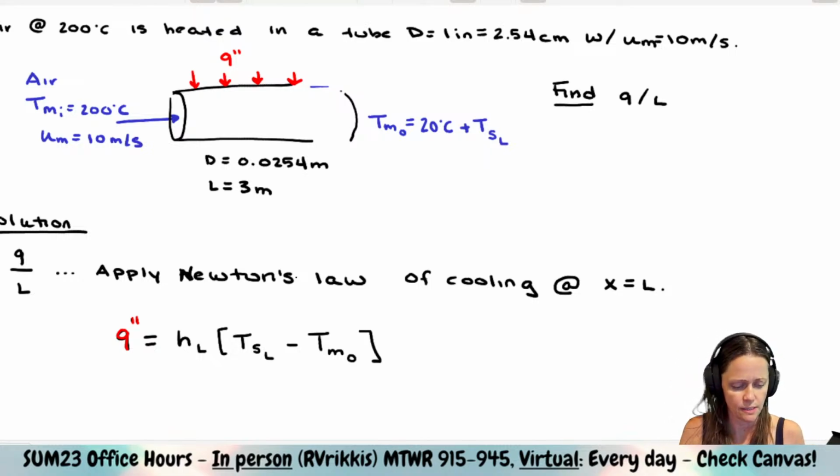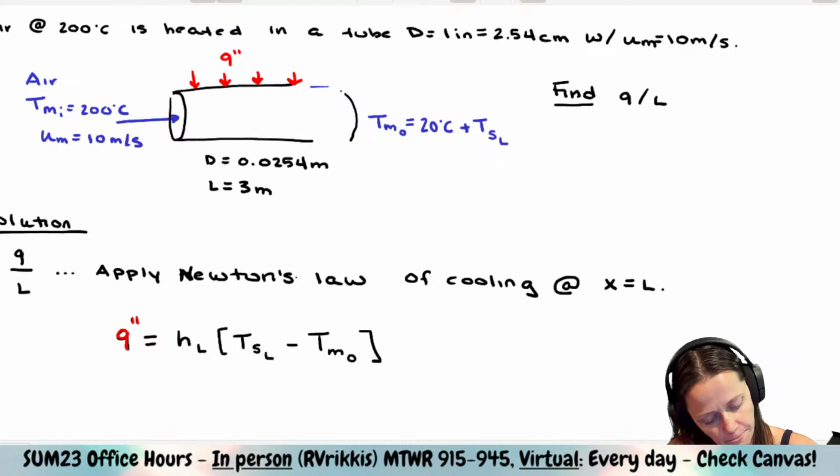And so what you can see is, well, it's just going to be 20, isn't it? TS, or minus 20, I guess, right? Oh, wait a minute, let's see.